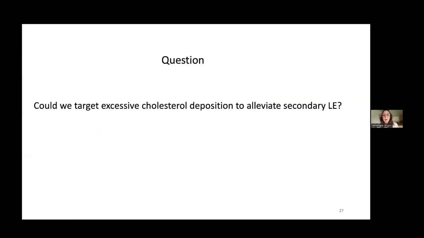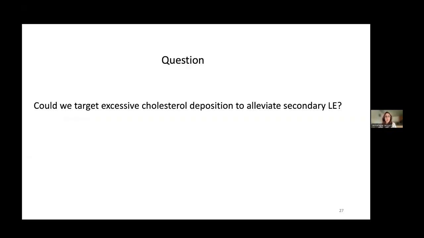So this suggests that when you have lymphatic insufficiency in lymphedema, this leads to an accumulation of cholesterol. So we wondered whether we can target this excessive cholesterol deposition to alleviate secondary lymphedema.